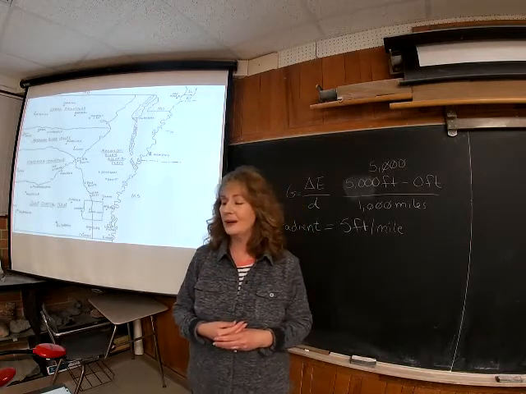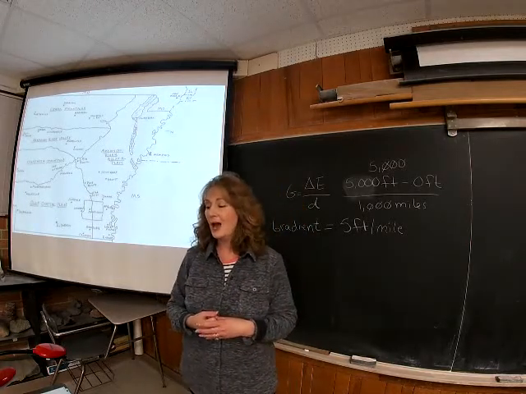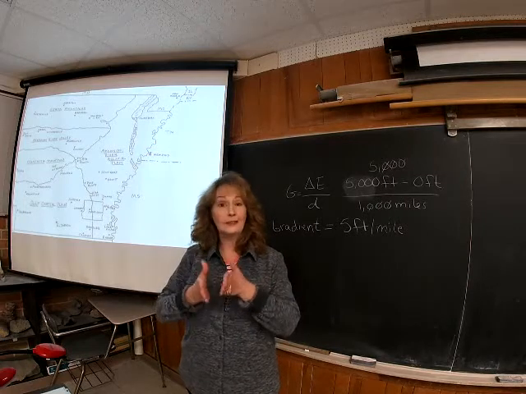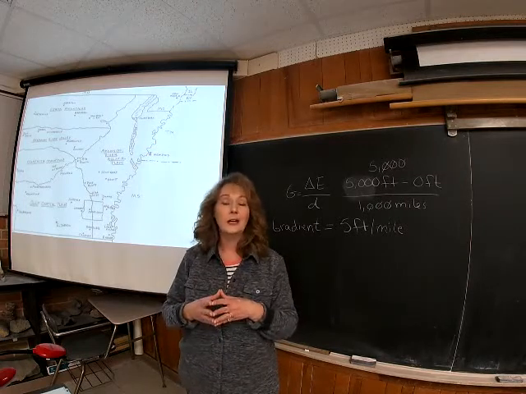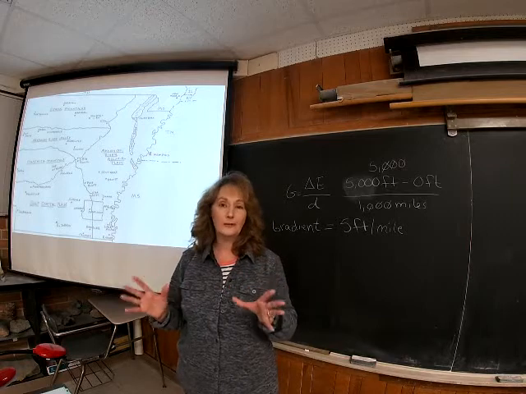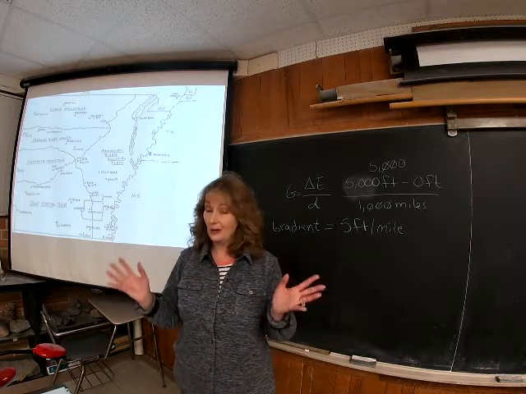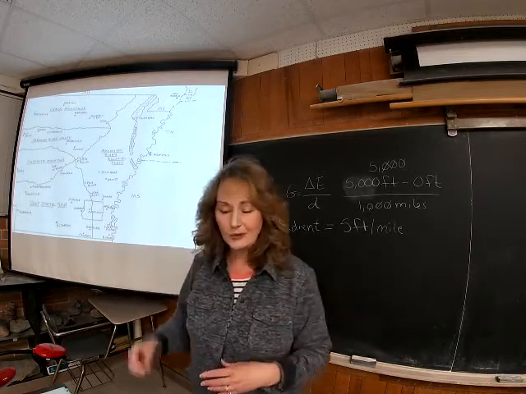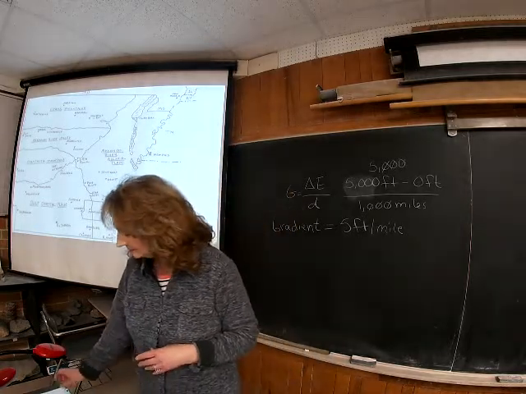We'll talk more about that when we talk about glaciers. But it built up a natural high elevation that really separated those two rivers, the Mississippi and the Ohio River. It was a natural divide.